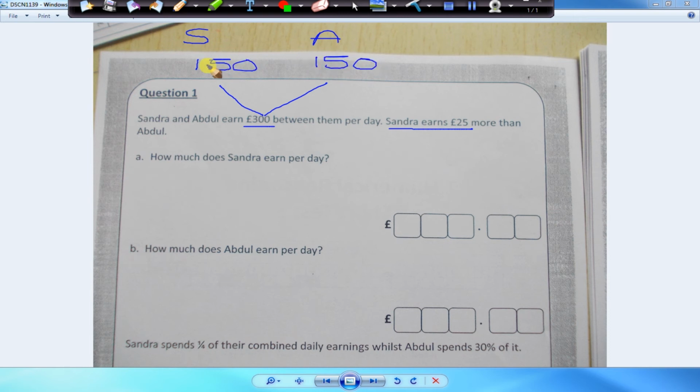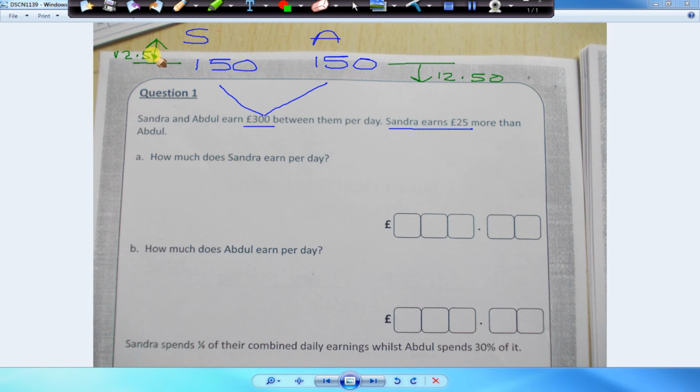Now, in order for Sandra to get £25 more, we need to reduce Abdul's amount by half of that amount, £12.50. The amount that we reduce Abdul's by, we give to Sandra, so hers goes up by £12.50.